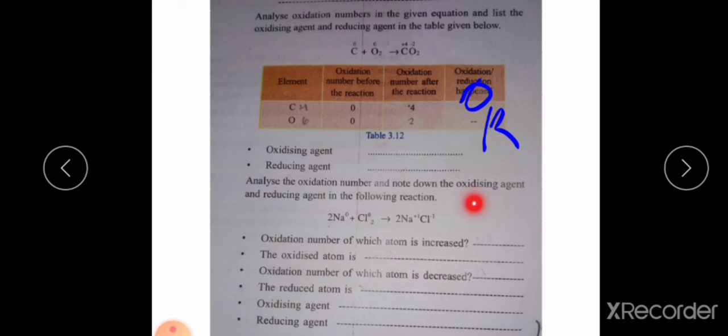We have to consider the first point: in ionic bonding, a metal always gets a positive charge and a non-metal always gets a negative charge. Here the metal is sodium and chlorine is the non-metal. So sodium will get a positive charge and chlorine will get a negative charge. So sodium's oxidation number is +1 and chlorine's oxidation number is -1.